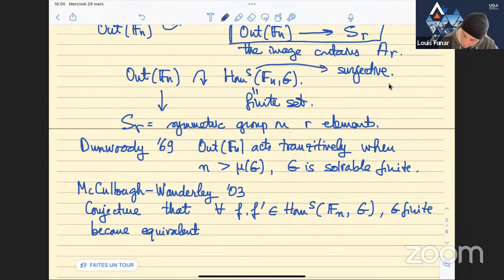Now they become equivalent up to, let's say, Aut(Fn) times Aut(G), after precisely nu of G stabilizations.